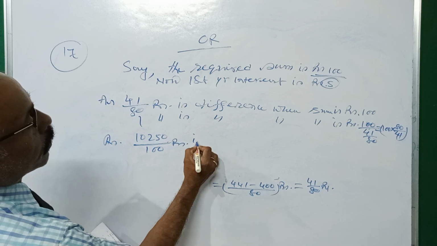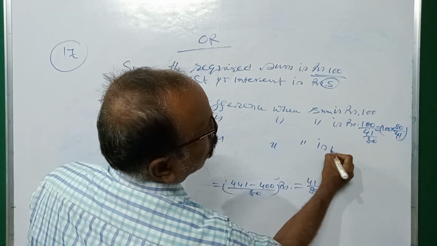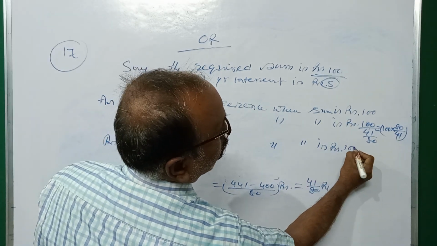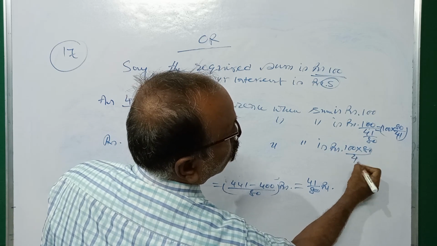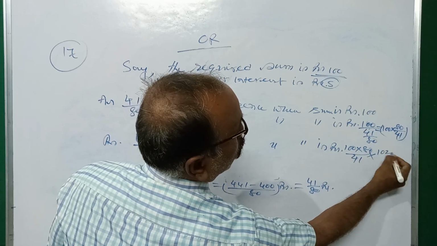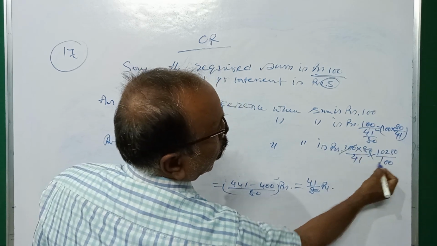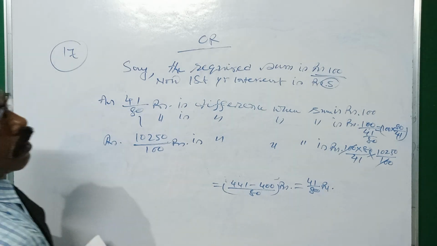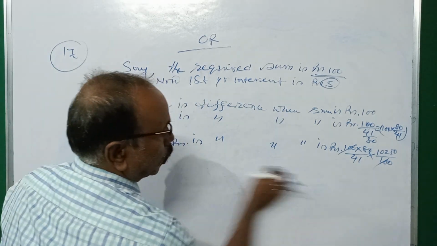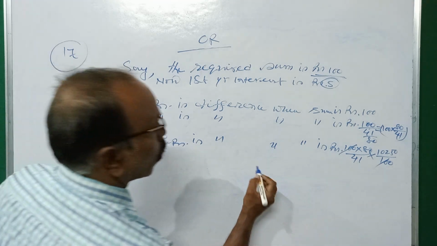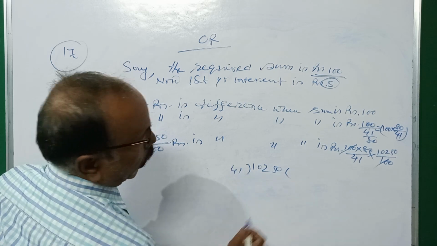So rupees 102.50 is the difference when the sum is 100 into 80 divided by 41 into 102.50 divided by 100. You see 100 and 100 will be crossed. Now 41, and 102.50 divided by 41.